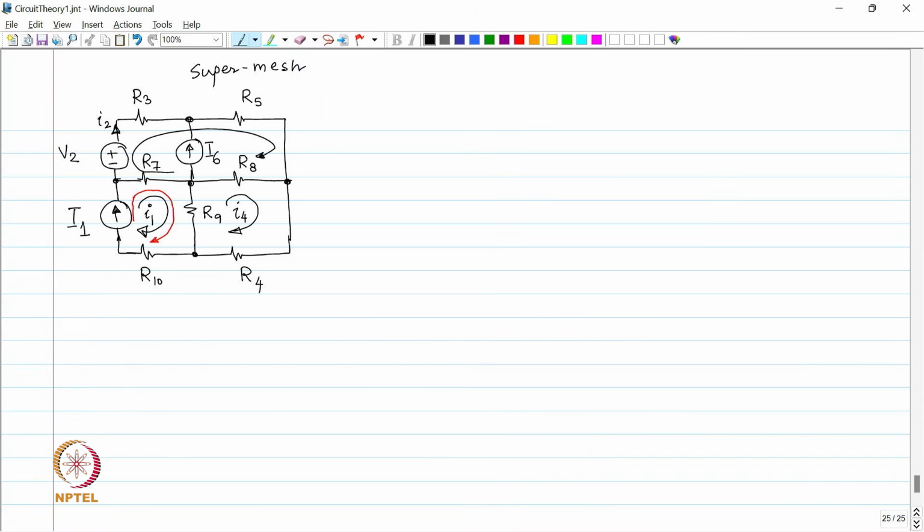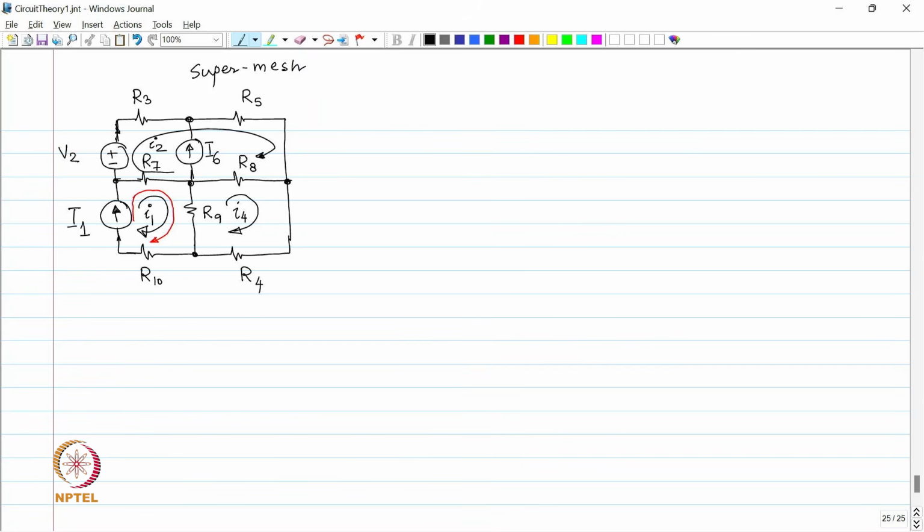Fine. So, now let us look at it once again. What is going to be the current in R3, or what is going to be the current in V2? Let us first label this. What do you want to label this? I2? Let us label it I2. This mesh current is small I2. Okay. What is the current in V2 going bottom to top?